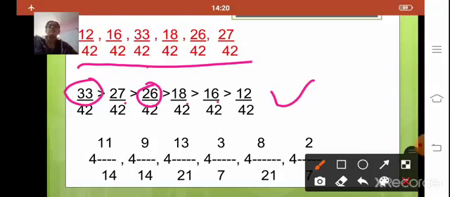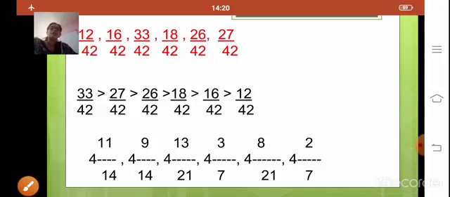So when you write in descending order, you write 11 upon 14, then 9 upon 14, then 13 upon 21, 3 upon 7, 8 upon 21 and 2 upon 7. Understood, children? So go through the sums carefully, then practice the sums again and do it yourself again. Okay?